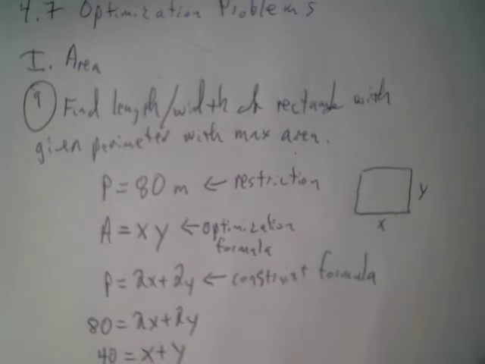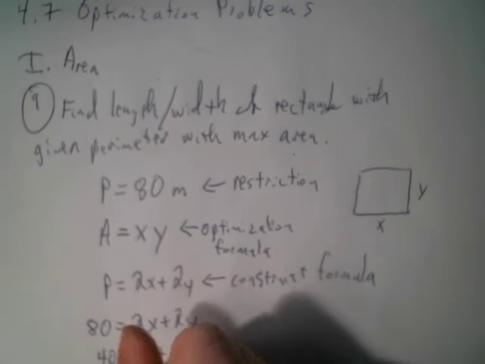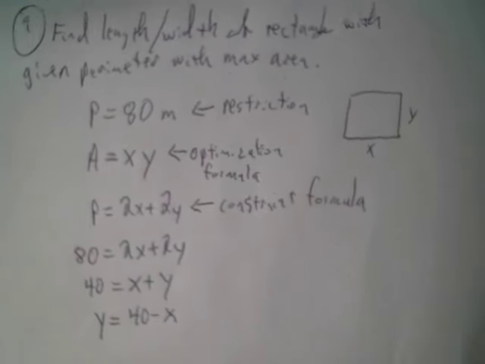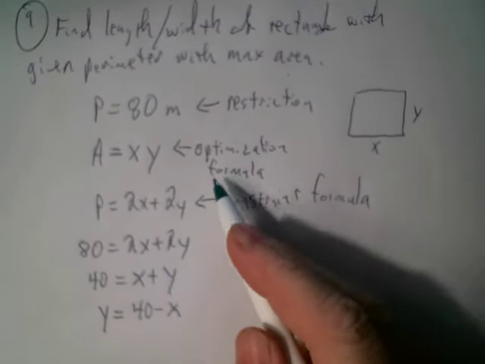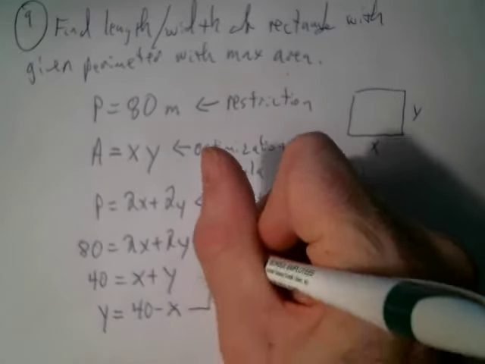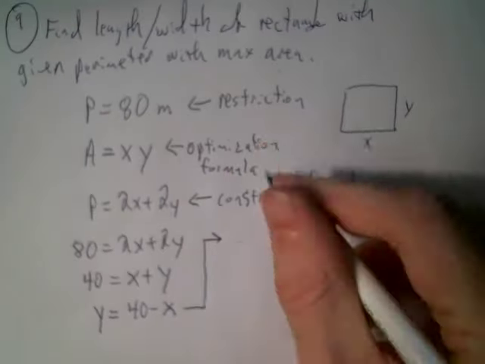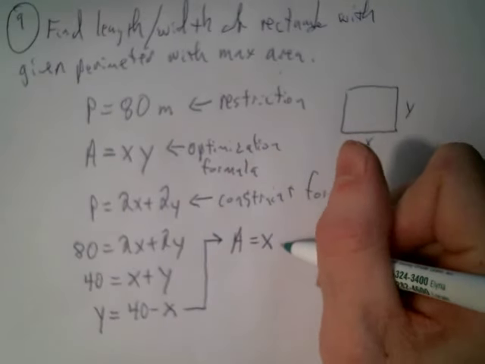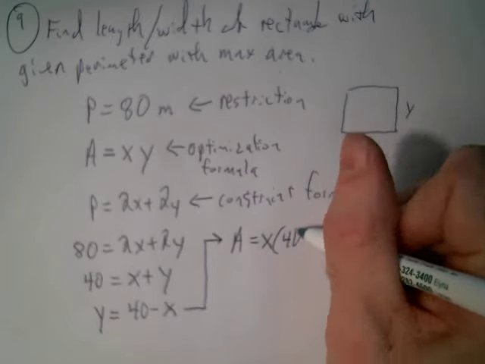I'm going to go ahead and solve for y. And then I'm going to plug this into my area formula to reduce the number of variables. And then I can take its derivative. So area is equal to x times y, but we replace y with 40 minus x.